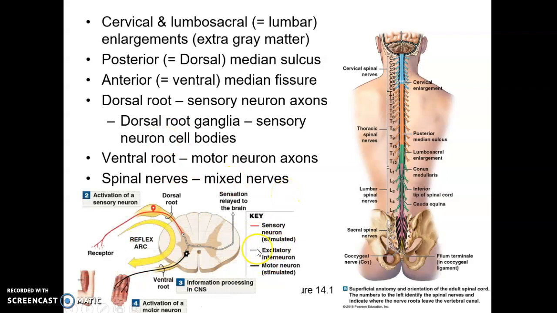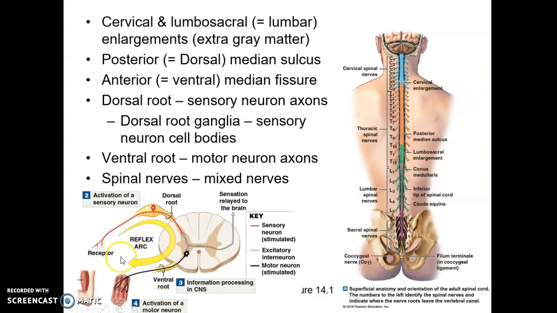Here's another picture that we've seen before, I think even last chapter. There's the sensory neurons, there's their cell bodies, hence the bulge. So in real life, there's not just one, there's hundreds to thousands, so the bulge accommodates the neurons. And then notice the motor neurons, their cell bodies are in the ventral or anterior horn of the gray matter, and then their axons or their fibers are exiting via the ventral root.